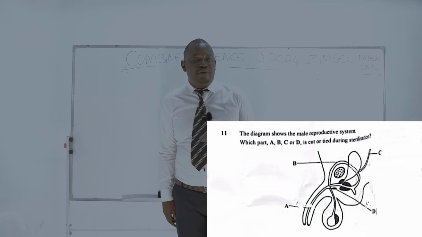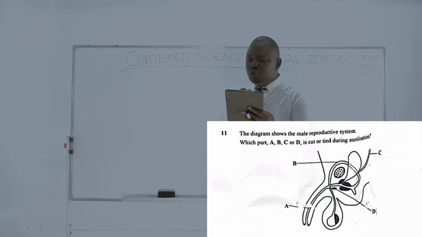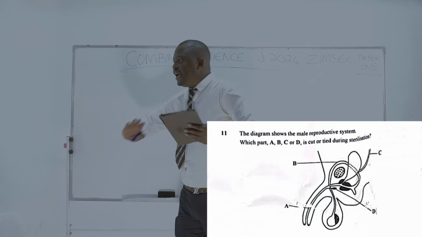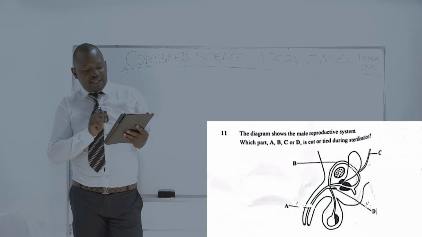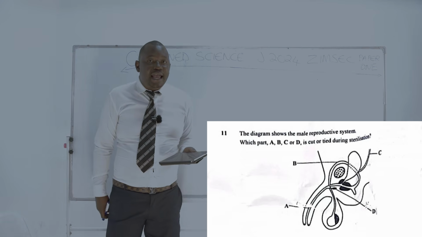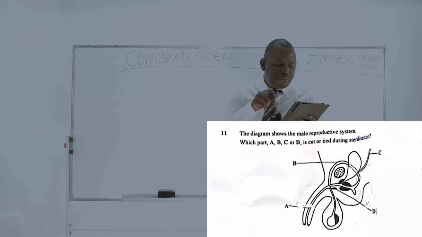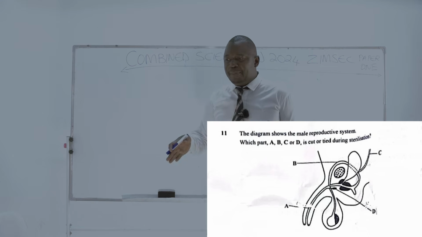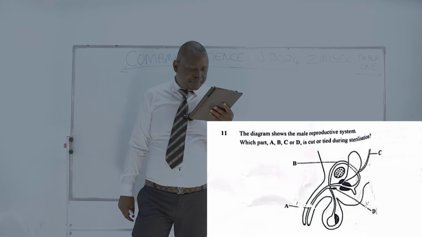So sterilization involves cutting the sperm duct. The sperm duct is cut or tied during sterilization. Then you know it is blocked and no more of your seed will be left in the world after that process is done. So to answer this question we need to identify where the sperm duct is. A looks like a urethra. It is the pipe inside the penis that carries sperms and urine.